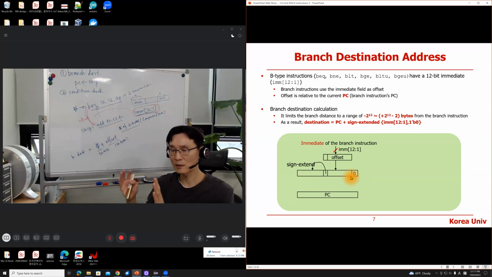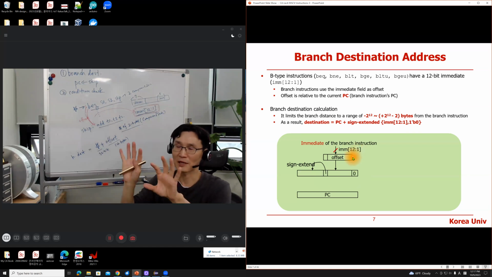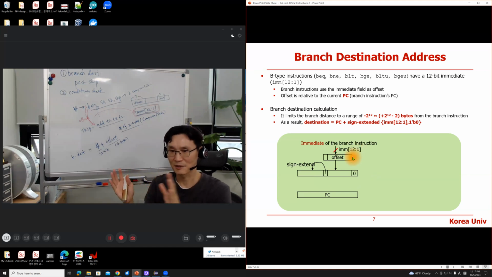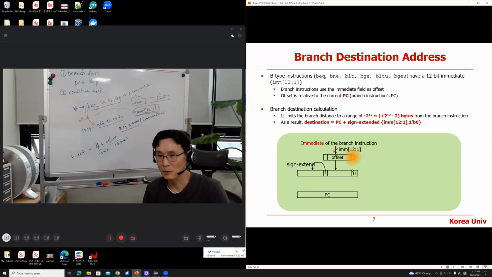Appending 0 is a very simple operation, very simple in hardware, right? So you have 12 bits, then 0 just added, and then sign extension. These two should be added together.